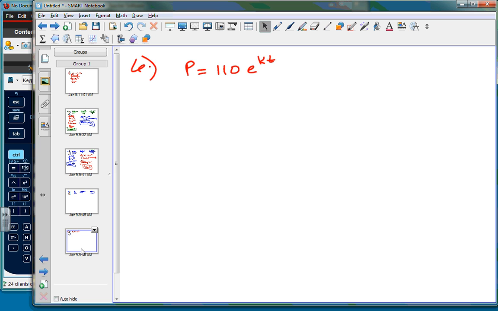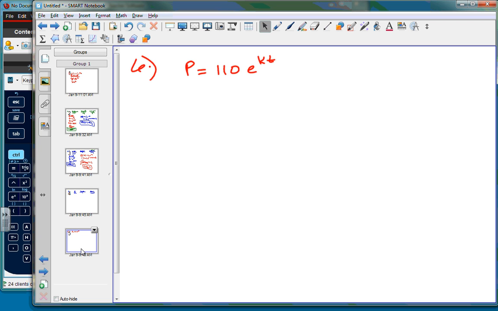Well, how can you have an initial population? You started off at what value? 110,000, right? But that has to represent what in time? 0. Why does it have to represent 0? Because it has to start at 0.